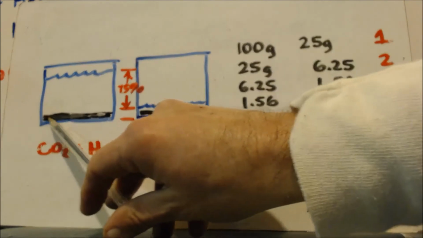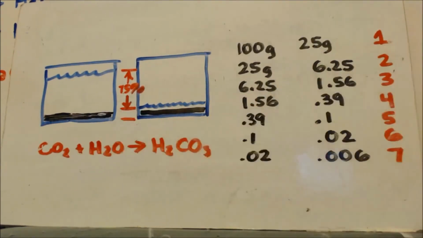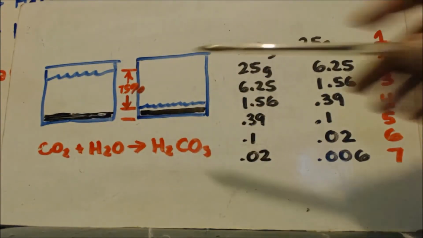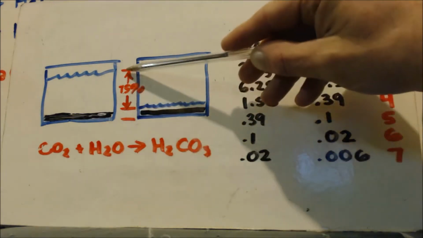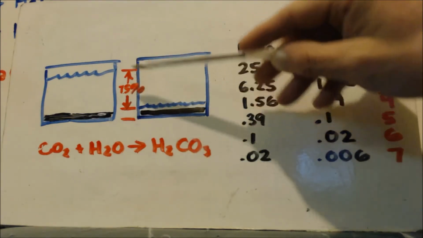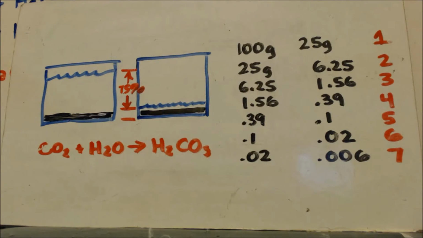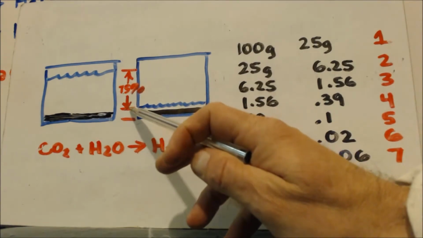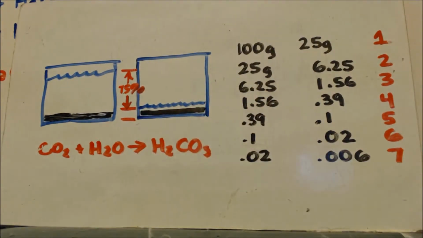I wait, and my precip will fall to the bottom. And if you look, here's the bottom, here's the top. 75% of that, if I suck that out with a siphon or, like, a turkey baster or whatever, I can get 75% or more of that water out.